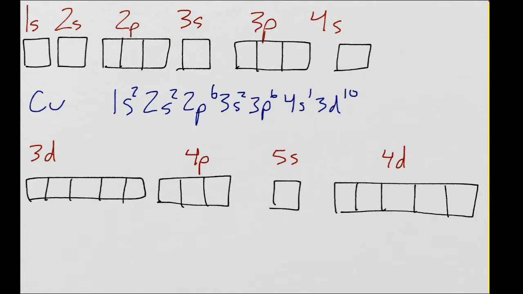Let's look at copper. Copper has 29 electrons. So remember, copper, from the last video we looked at, has an irregular electron configuration.